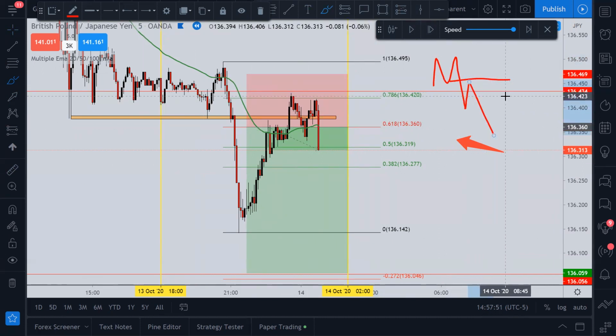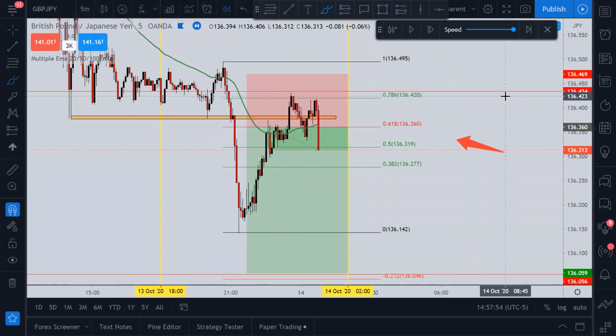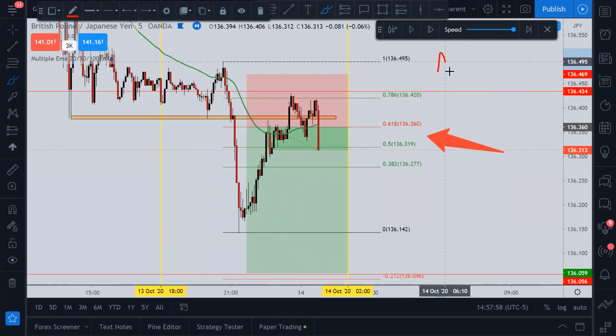All right, that's the one M pattern. The other M pattern is the extended M pattern, where that last leg is very long. We want to see a test. We want to see a retracement of at least the 38 fib level, and then a continuation of the trend.